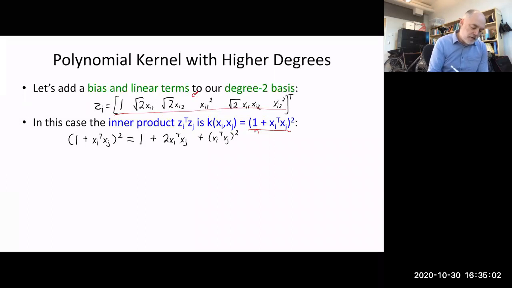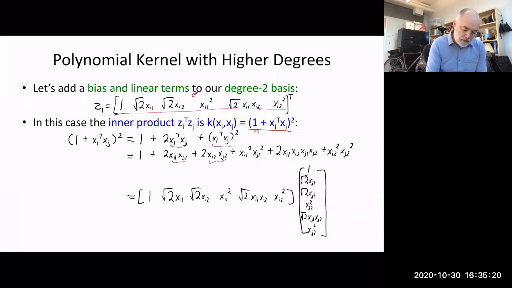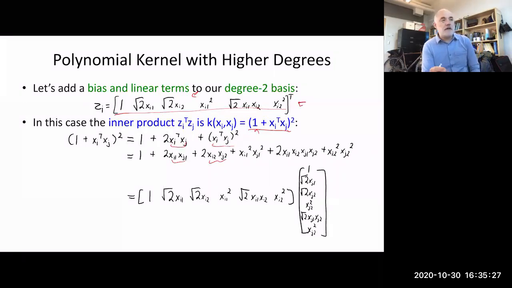You can do this by taking this computation, 1 plus the inner product of xi and xj, expanding it out into its constituent parts, same thing with this, and then seeing that this is indeed the inner product of these vectors z.